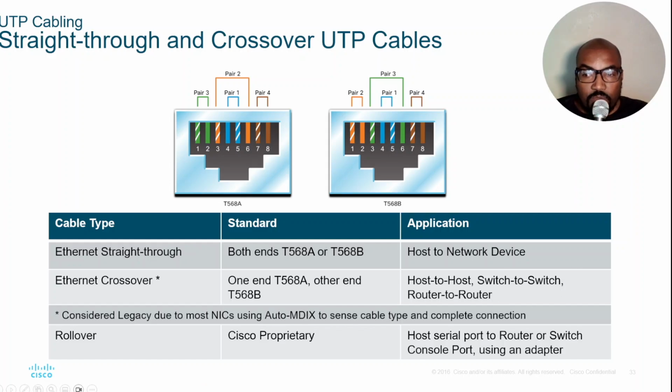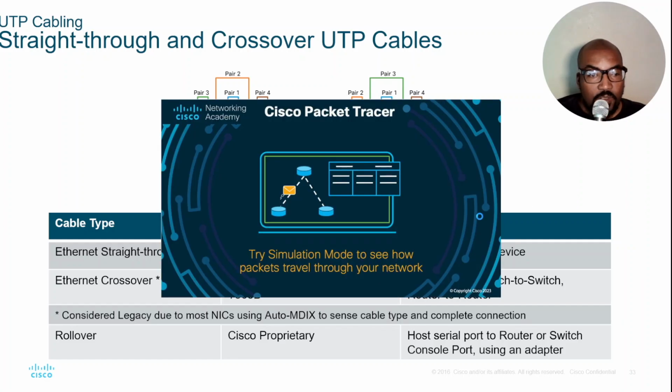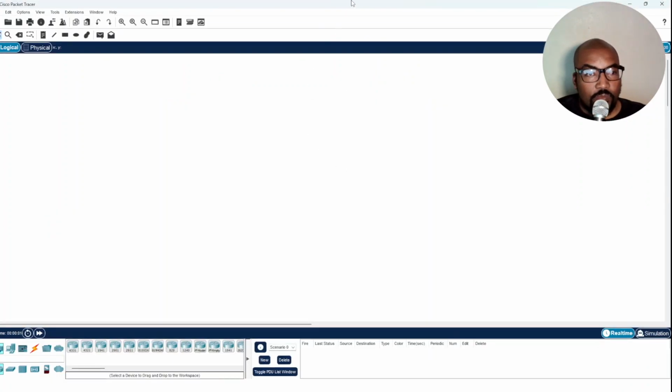So these cables are very important, especially when it comes to Cisco Packet Tracer, because you have to be able to select these cables. I'm going to open my Packet Tracer up so I can show you that. Okay, here's my Packet Tracer.